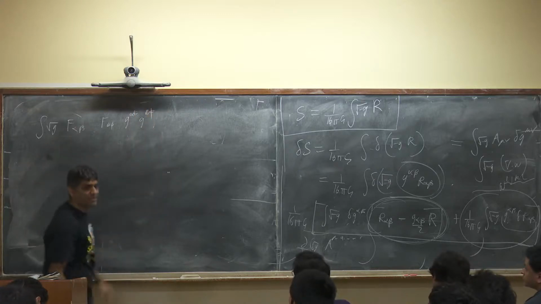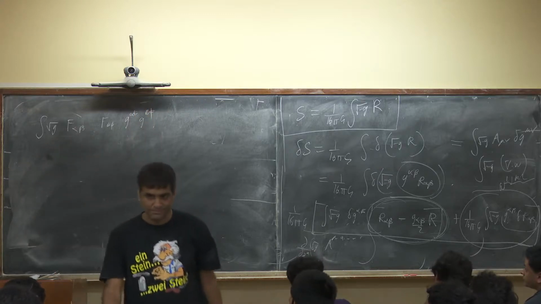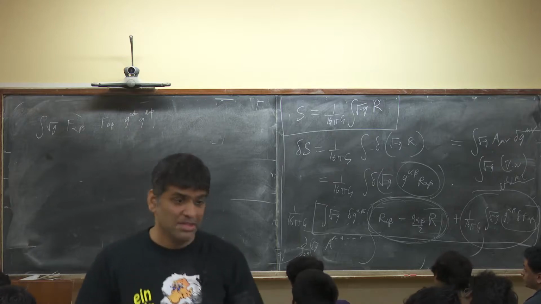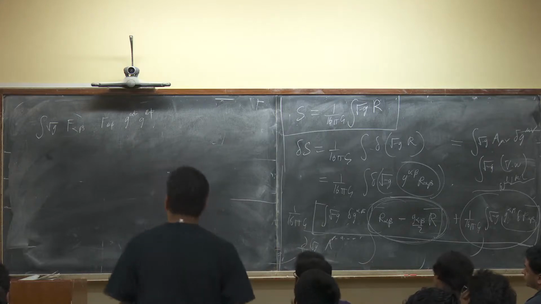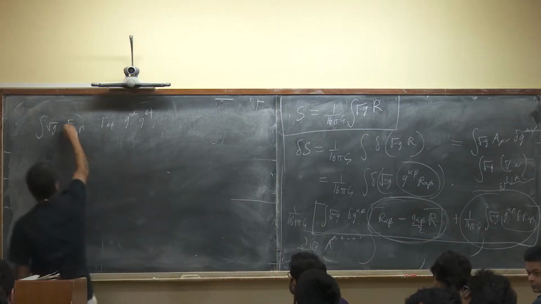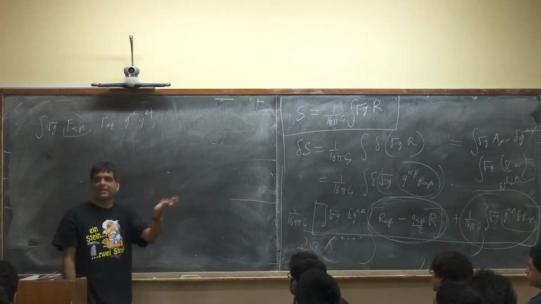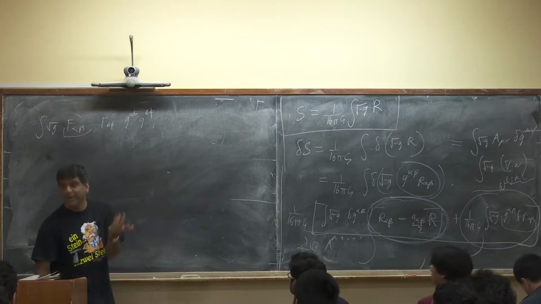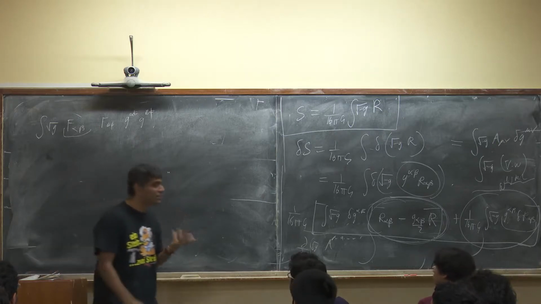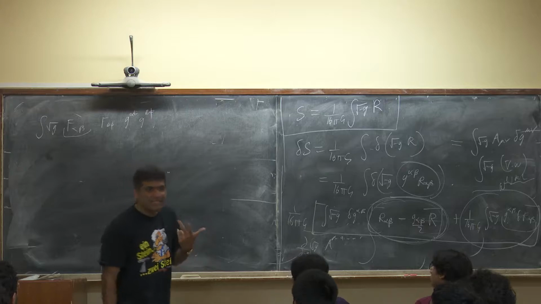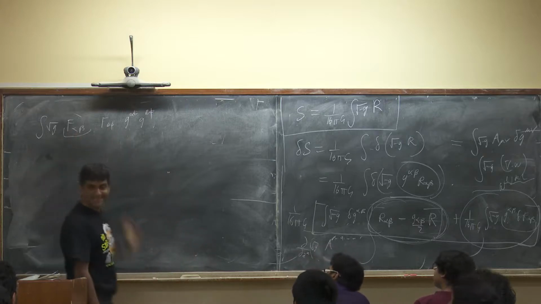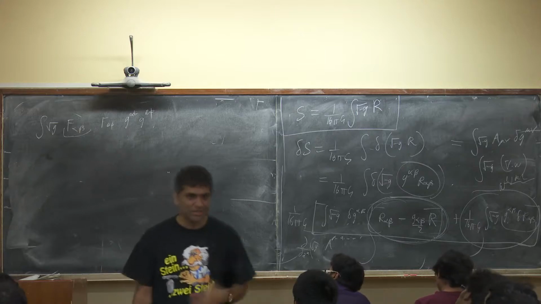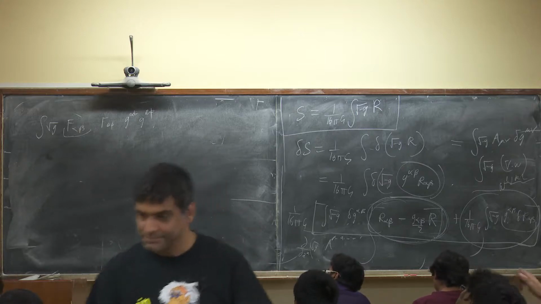Suppose we had such a term in the action. I've written it this way, by the way, because this F is just del alpha A beta minus del beta A alpha, makes no mention of the metric when both indices are lower. So every metric dependence here is totally explicit. There's nothing hidden anywhere.